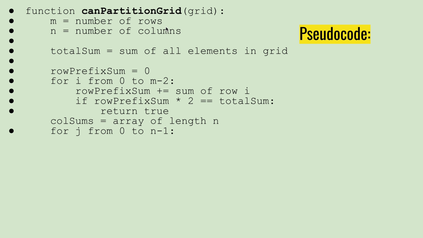Then you have to define the column sum array of length n, and you go for j from 0 to n minus 1, and for that you go for i from 0 to m minus 1, going through the columns also. Then you find col sum at j plus equal to grid at i j, and you get the value.